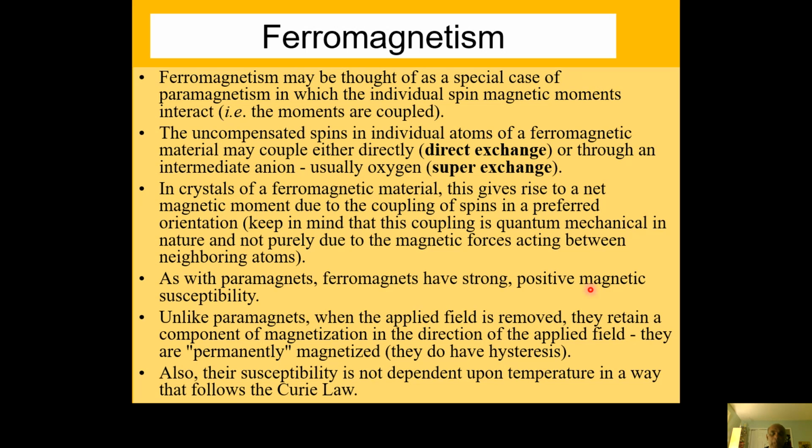Remember, paramagnets show the Curie law given by C over T, but ferromagnets are different. It's given by C over T minus some constant. That constant is mostly the Curie temperature. So that behavior is different than a simple 1 over T dependence.